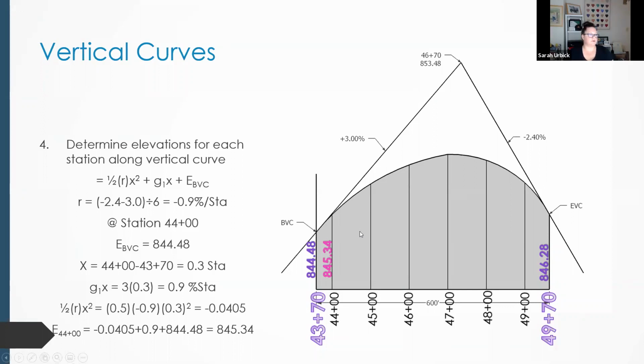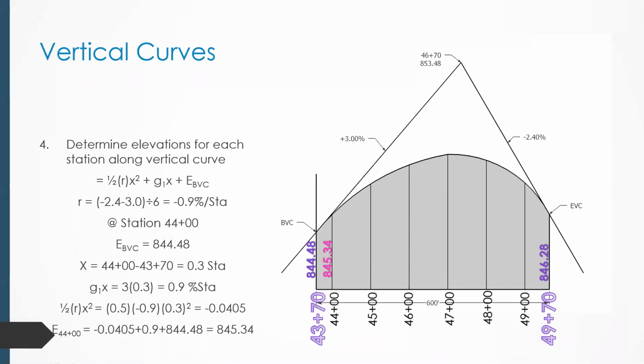Here's the first 100, I go up 3 feet. Here's the next 100, I go up 3 feet. Here's the next 100, I go up 3 feet. And at that point, I have hit an elevation of 853.48. But how far up did I go? How many times did I go up? 9 feet. Perfect. Yes. That part was easy.